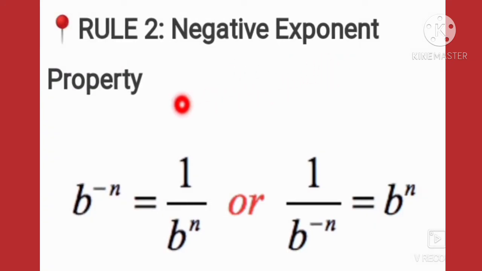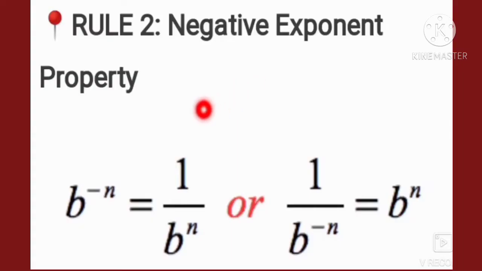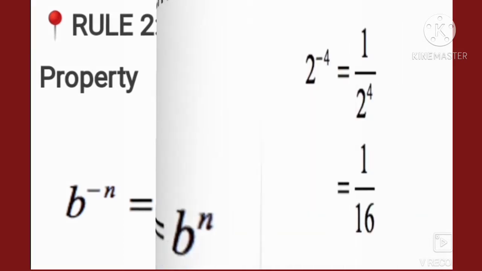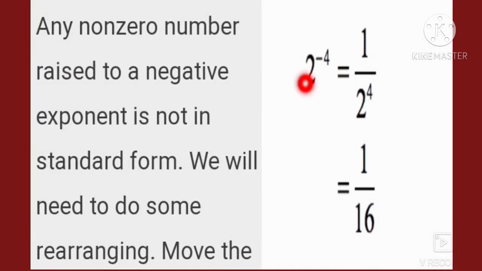Second rule, negative exponent property. b to the power minus n is equal to 1 by b to the power of n, or 1 by b to the power of minus n is equal to b to the power n. That is, any non-zero number raised to a negative exponent is not in standard form.